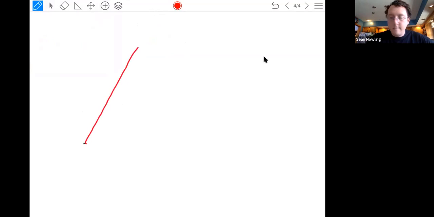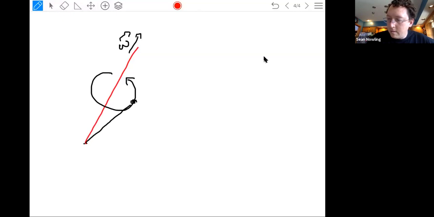Axis of rotation, and I'm going to have a circular path that goes around it, and I have omega going that way. And here's a point, I'm going to have R sub A and rho, okay? And then I have angle phi right there.